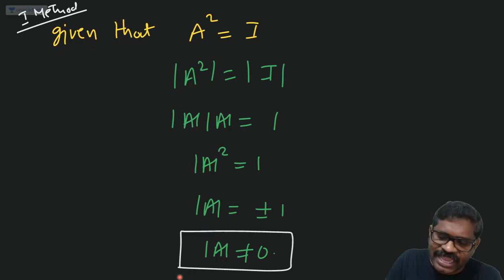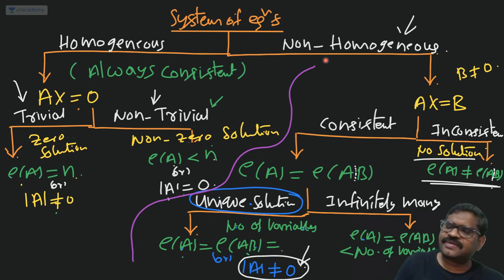If det A is not equal to 0, then the system possesses a unique solution. I have mentioned clearly: det A not equal to 0, unique solution.